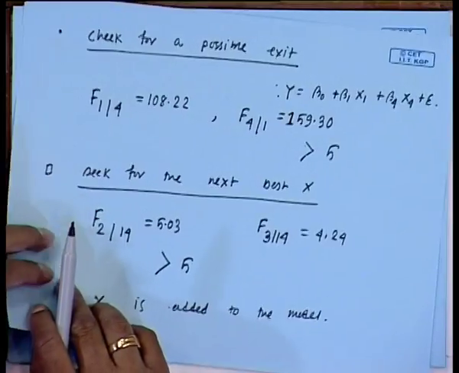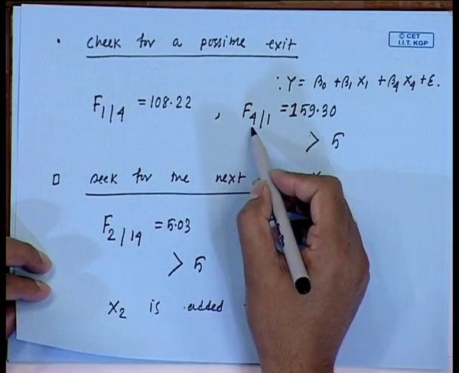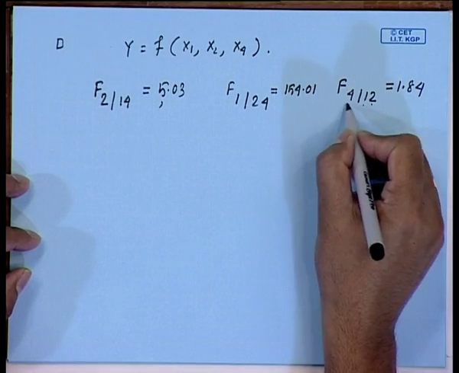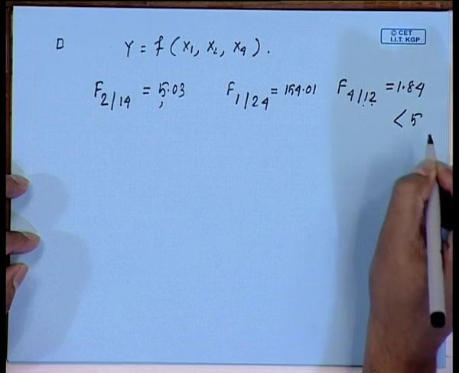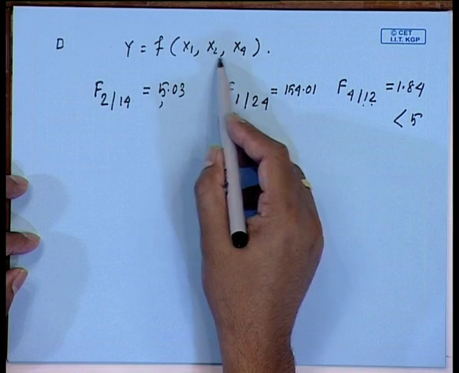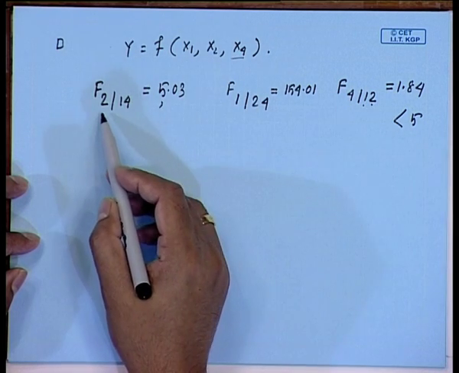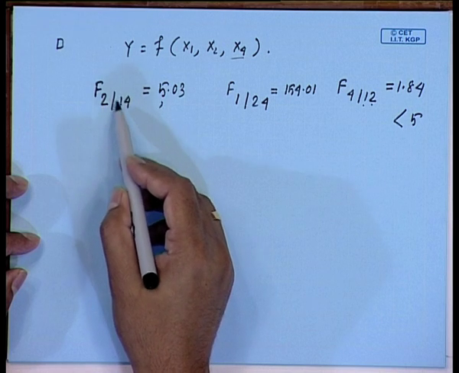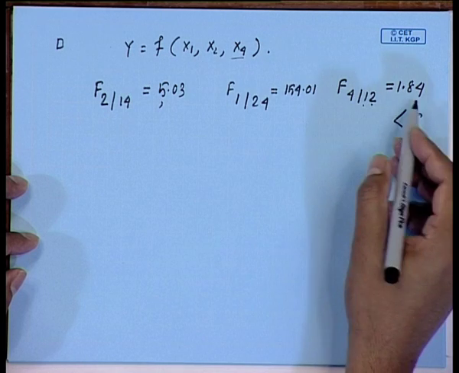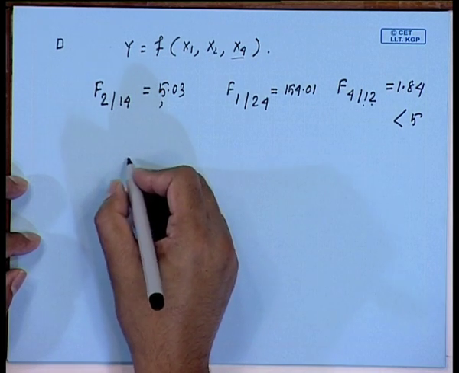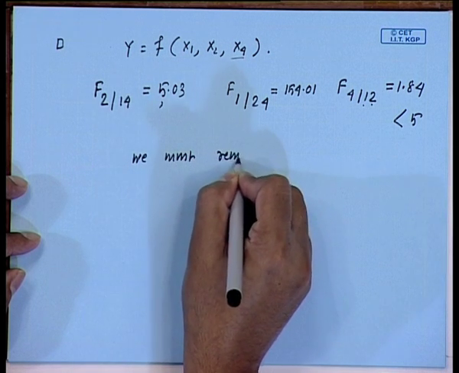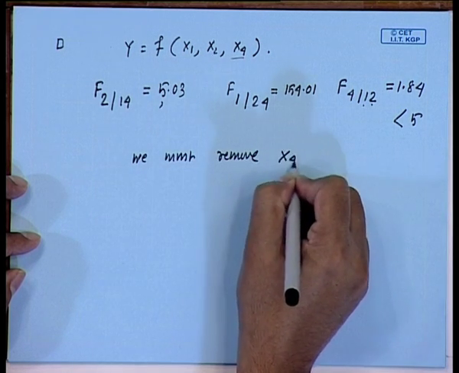Now, in the presence of x 1 and x 2, x 4 is not significant, this is less than 5, but in the presence of these 2 regressors, x 1 is significant, and x 2 is significant. So, these 2 will be there in the model, but we must remove x 4 from the model.